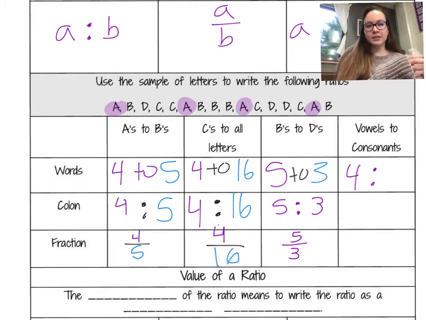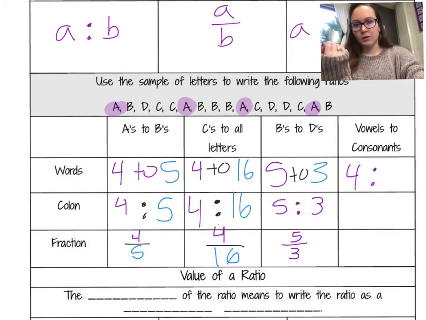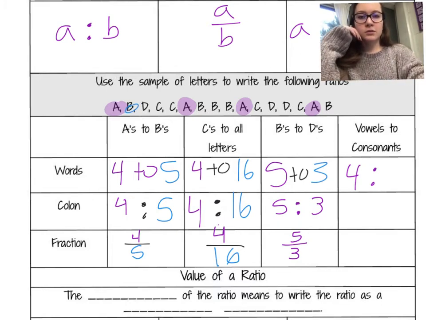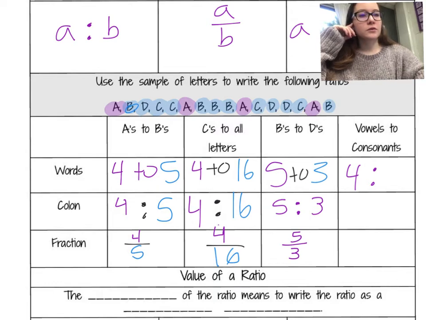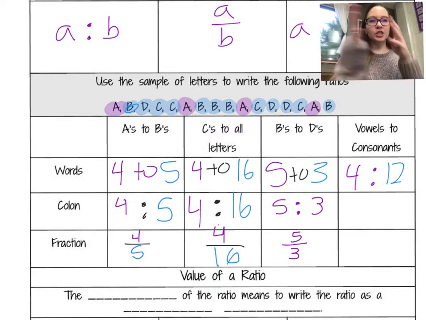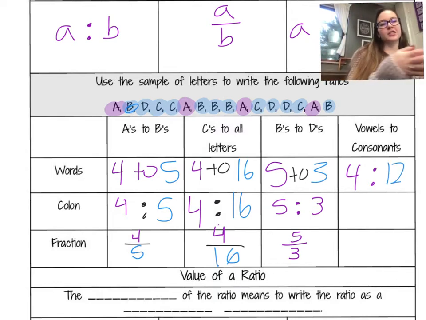Consonants are all the other letters that aren't a vowel. So there's 1, 2, 3, 4, 5, 6, 7, 8, 9, 10, 11, 12. So the ratio of vowels to consonants is 4 to 12.